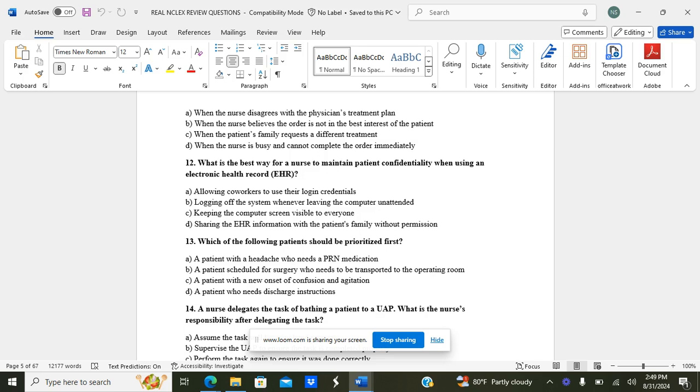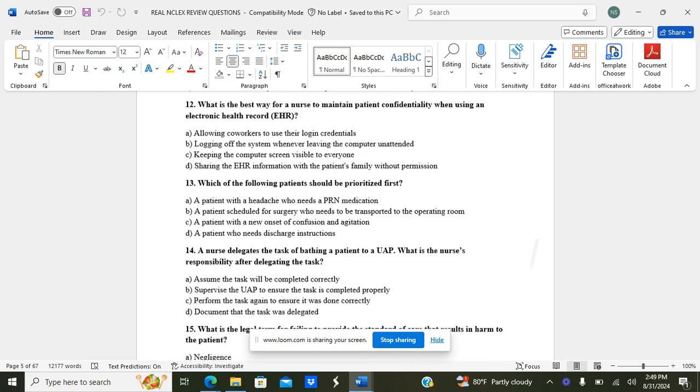There is agitation. That's why this answer is the best choice to take. C is the answer: a patient with a new onset of confusion and agitation.